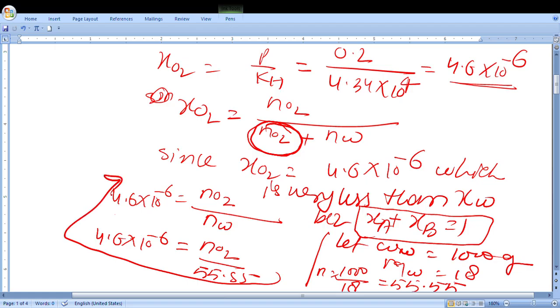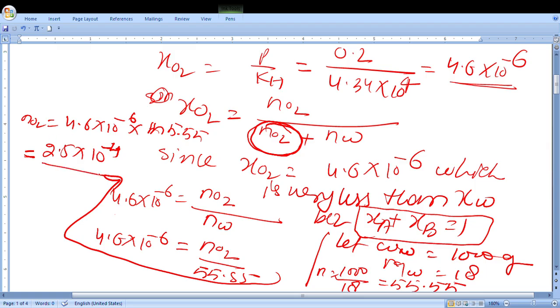It is giving moles of O2 is equal to 4.6 into 10 to the power minus 6 into 55.55, and it gives the answer 2.5 into 10 to the power minus 4. These are the moles of oxygen coming.